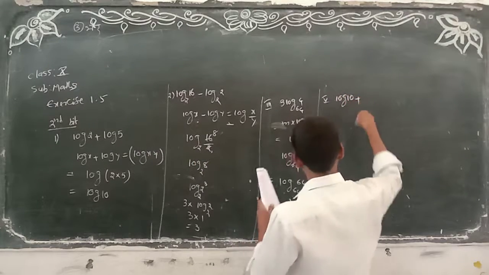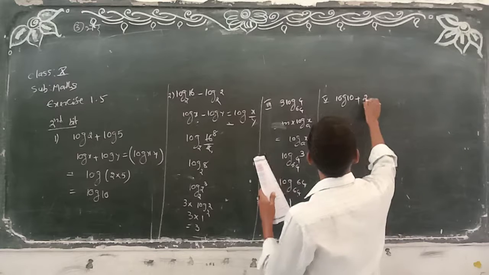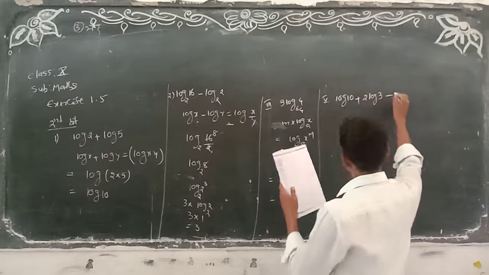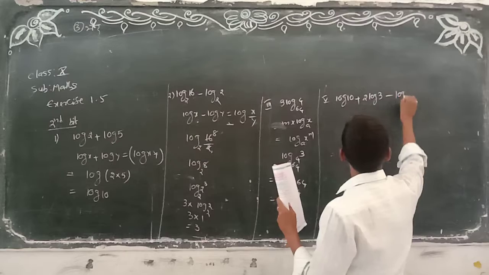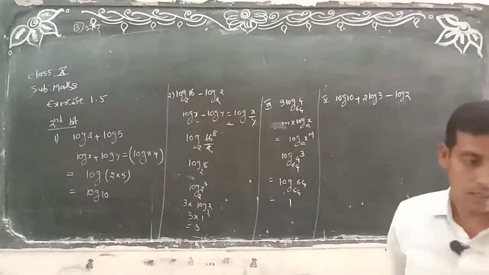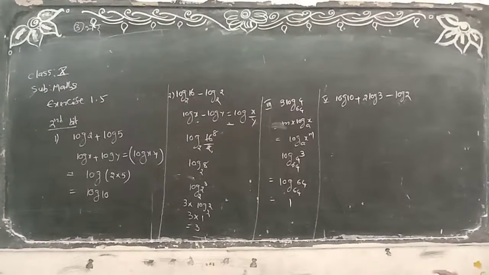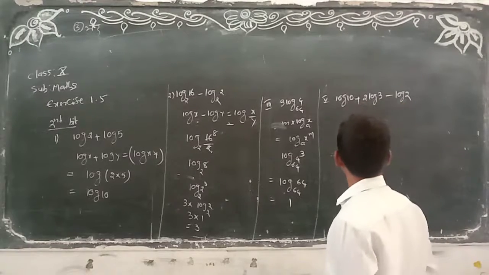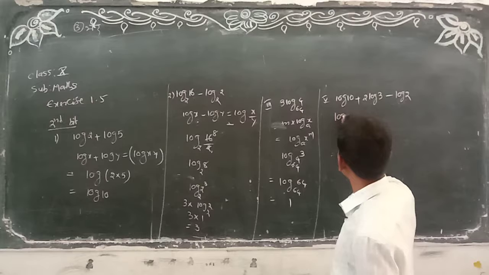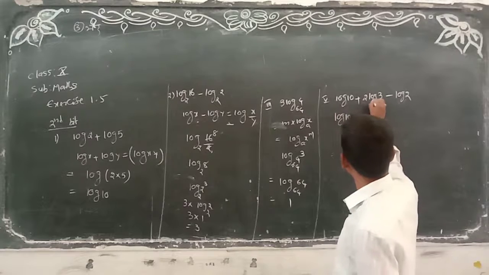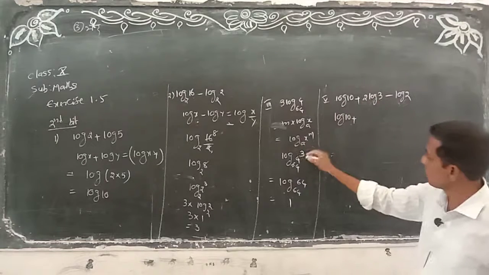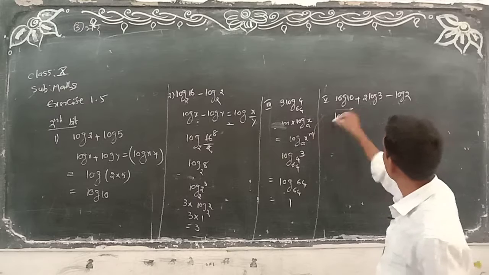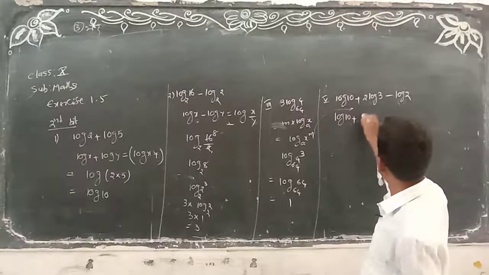Next, fifth one. Log 10 plus 2 log 3 minus log 2. How can we do this problem? Log 10 plus 2 log 3 is there here, next log 2. First write down log 10. Next, this is the formula: 2 log 3 is there, same formula. How can we write this one?